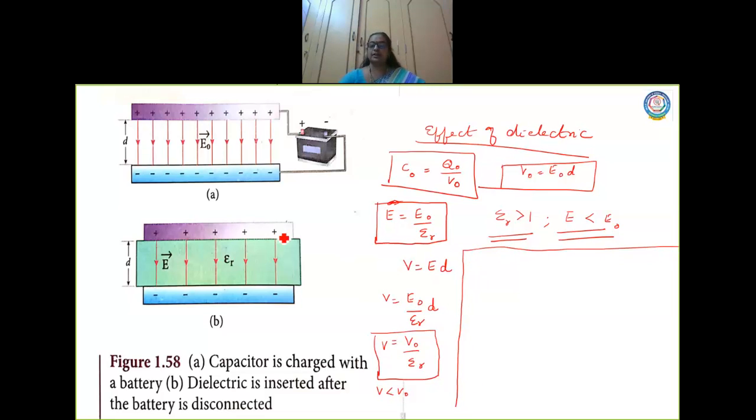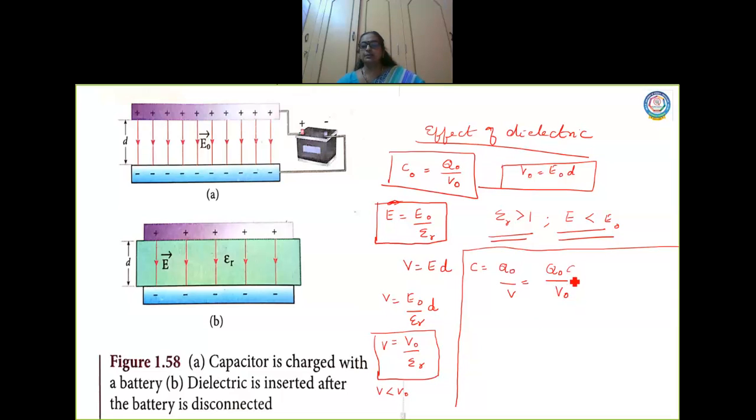Now I am going to find out the value. What is the value of C now? C is equal to Q naught by V. Q naught, let it be like this. Instead of V, I substitute V naught by epsilon R. So Q naught will be the same, divided by V naught, and here epsilon R is in the denominator.